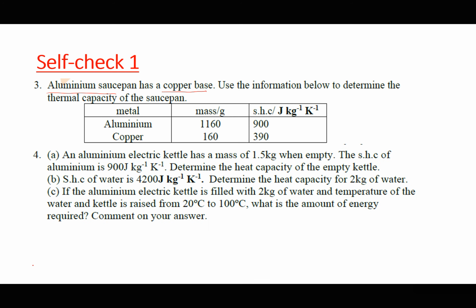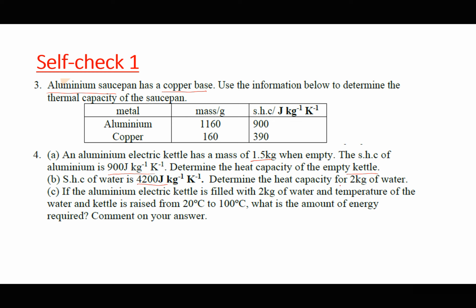Number 4 is also yours to try out. Aluminium saucepan, that one we have finished. An aluminium electric kettle has a mass of 1.5 kilograms when empty. The specific capacity of aluminium is that. Determine the heat capacity of the empty kettle. That one you'll find. Specific capacity of water is given as that.